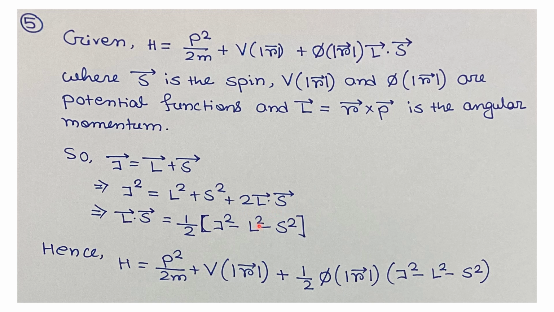From here we can get L dot S in terms of J, L and S, that is half of J square minus L square minus S square. So we can write our Hamiltonian as p square by 2m plus V as a function of mod of r plus half of phi as a function of mod of r times J square minus L square minus S square.